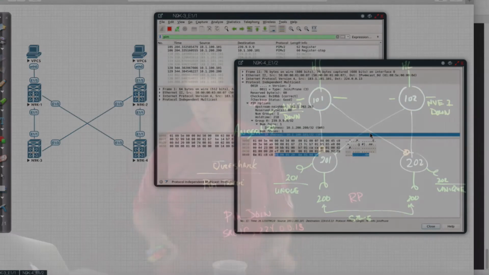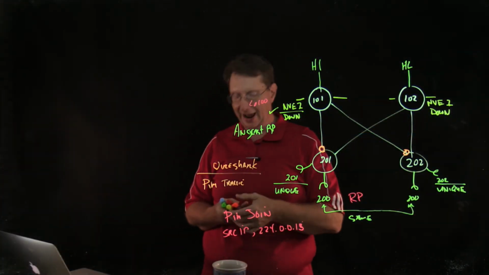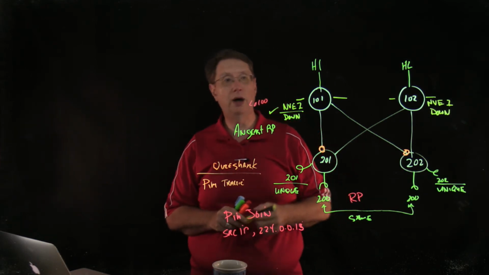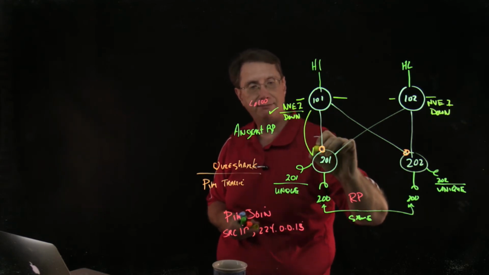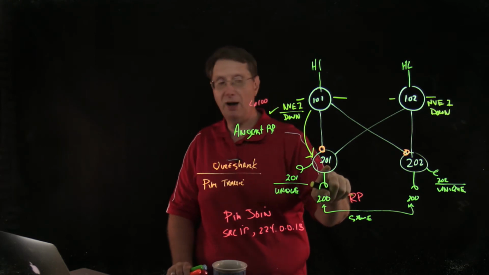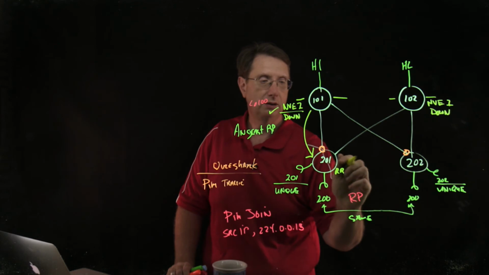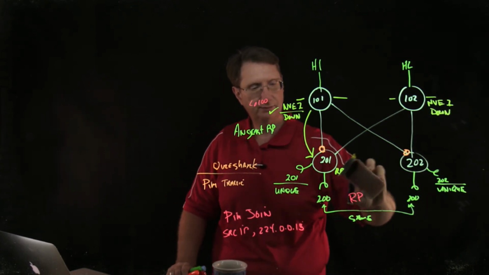Now I want to look at this from the perspective of our light board. Looking at what's going on right now, we see that I came in and turned on NVE1 on Leaf 101. What ended up happening is it sent a message to 201, the spine, which is acting as a rendezvous point. Remember, they're both rendezvous points, so they're RPs. Let me grab my eraser here.